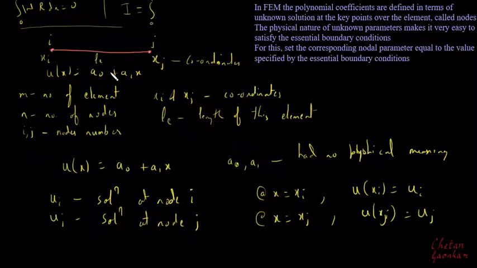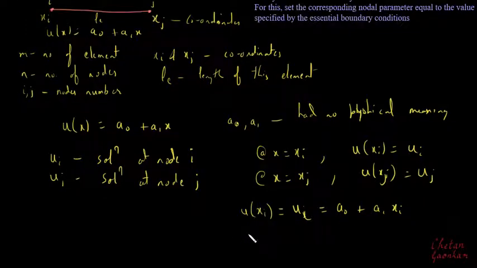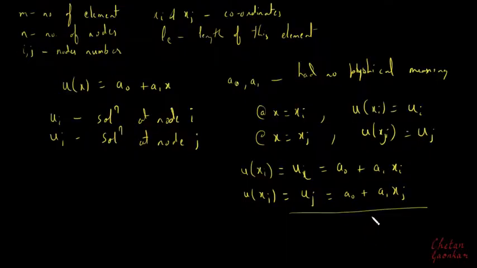So if I substitute this here, at xi we have ui equal to a0 plus a1 xi, and at x equal to xj we have uj equal to a0 plus a1 xj. Now if I solve these two equations simultaneously, I will get a1 equal to uj minus ui divided by xj minus xi.